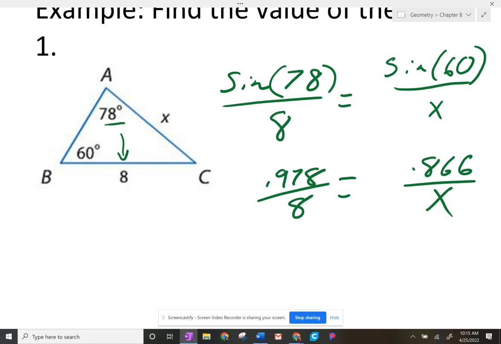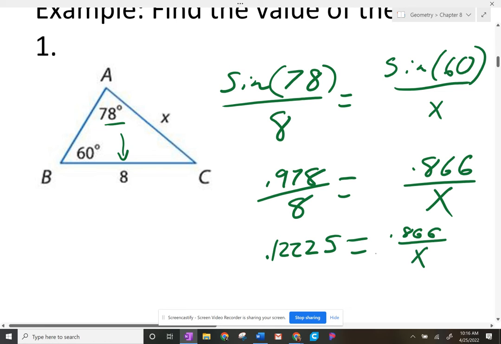Okay, I'm not going to spend a whole bunch of time doing the cross multiplication stuff, but you guys kind of got that one down. So if I did 0.978 divided by 8, that one gives me 0.122. If I wanted to write the full numbers out here, you can. Equals 0.866 over x.